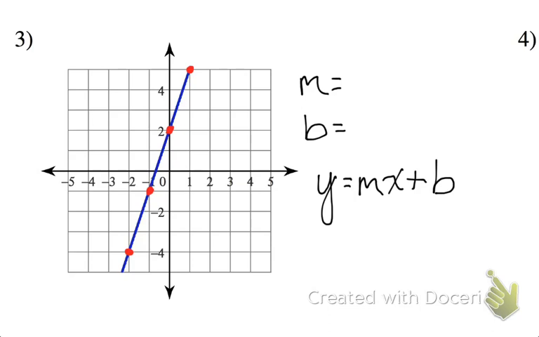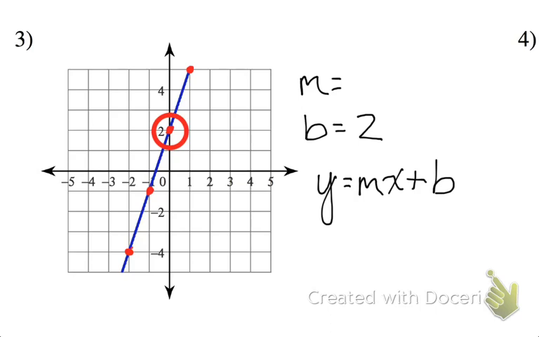For this problem, our y-intercept is 2. It's right there. I circled it earlier, but I'll circle it again. And then we'll use 2 points to do rise over run. I'm going to use these points just to show that we don't have to use the y-intercept as one of them. And we'll go ahead and go from one point to the other.